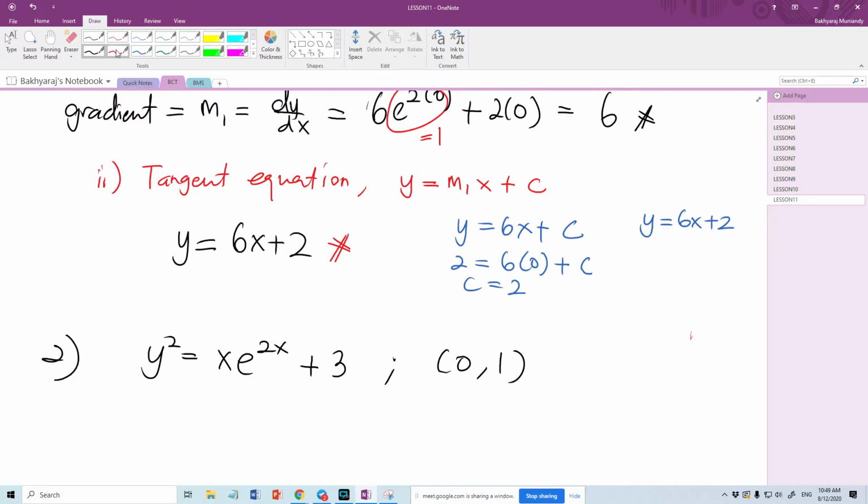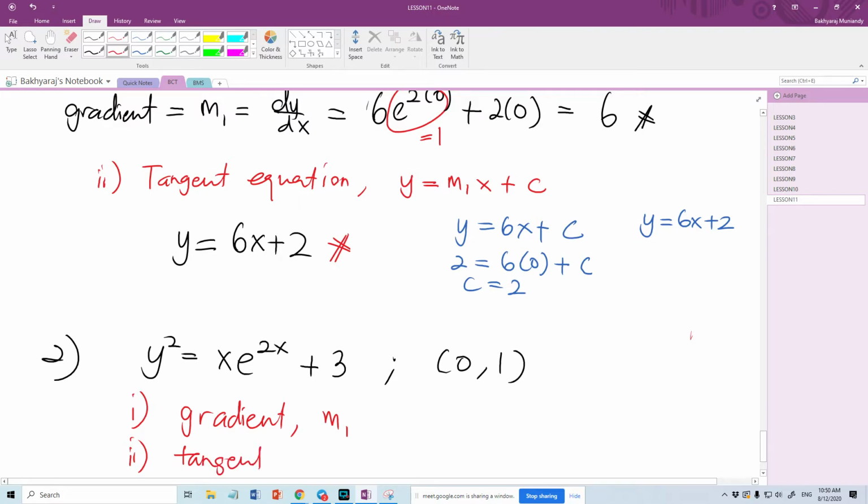Okay, so what is my question? My question is 1, I want to get the gradient M1. Okay, saya nak cari M1. And Roman 2, I want to get for the tangent equation. Saya nak cari tangent equation. Okay, y equal m1x plus c.